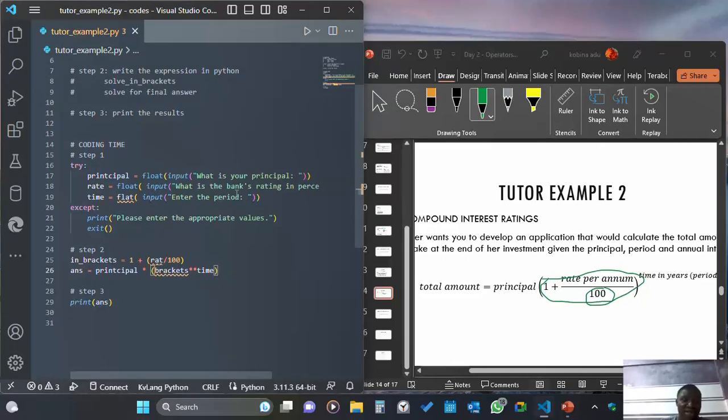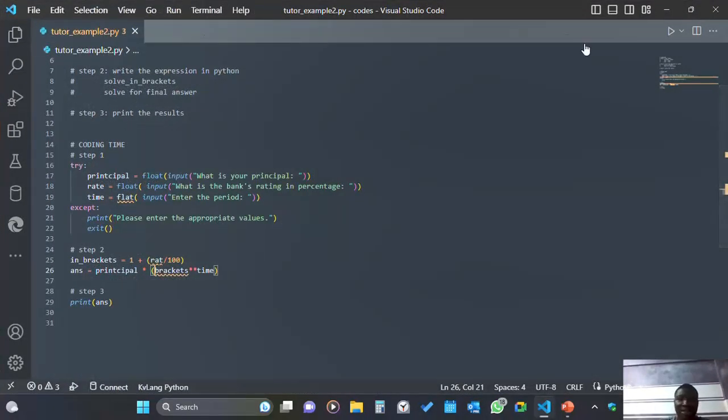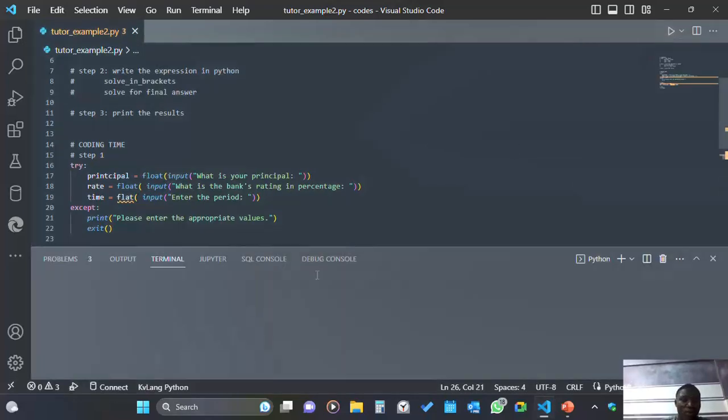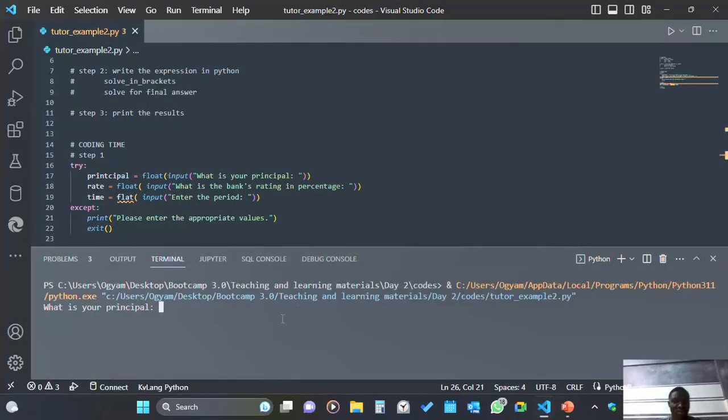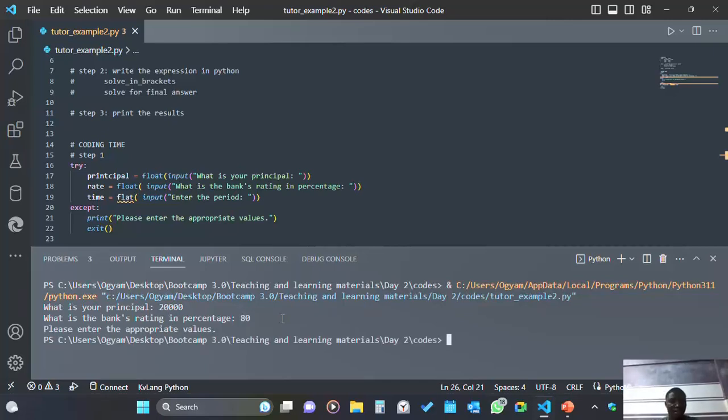So let us run our code. Now I don't need this part. So let us run our code and see. So what's the principal? Let's say 20,000 Ghana cedi. What's the bank's rating in percentage? So let's say 80%. Then it says please enter the appropriate value.